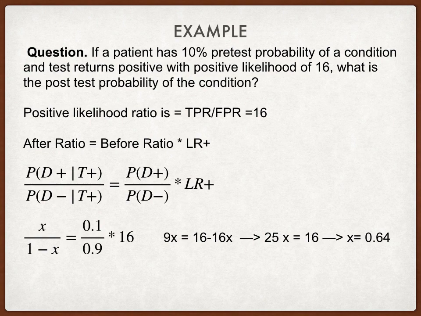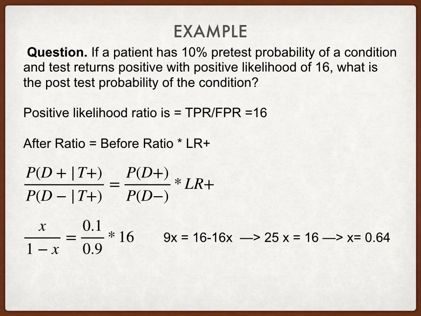So if we call this x, the denominator is 1 minus x. Why? Because these two are complements of each other, right? X over 1 minus x is equal to the probability of the condition existing, which is given in the problem, 0.1. What is the probability of the condition not existing?